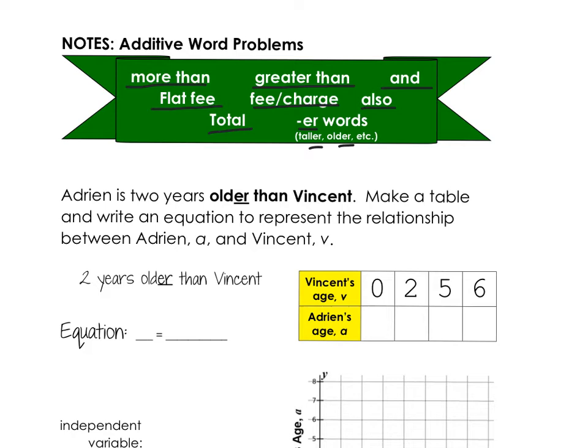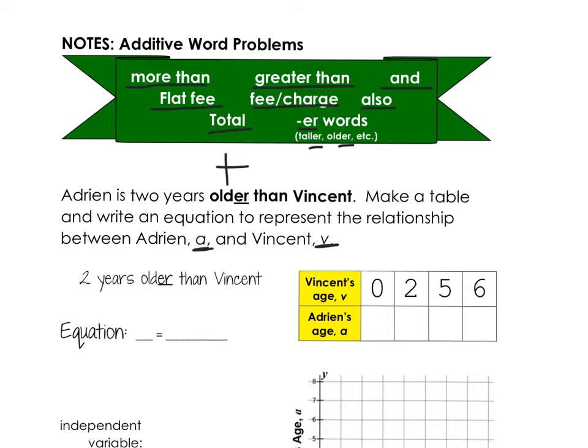So let's look at some examples here today. It says Adrian is 2 years older than Vincent. That older means that we're adding. Make a table and write an equation to represent the relationship between Adrian, which is A, and Vincent, which is V. So it says 2 years older than Vincent.